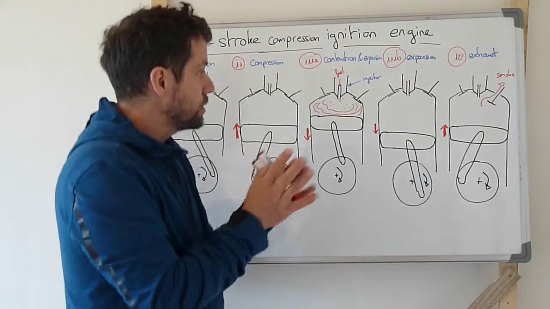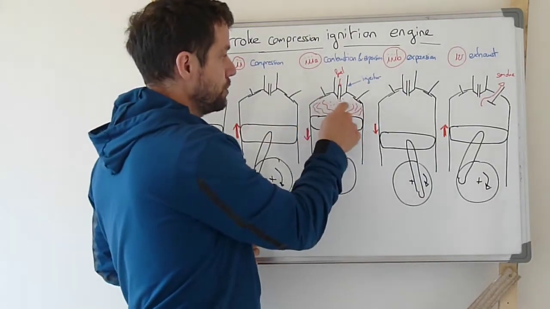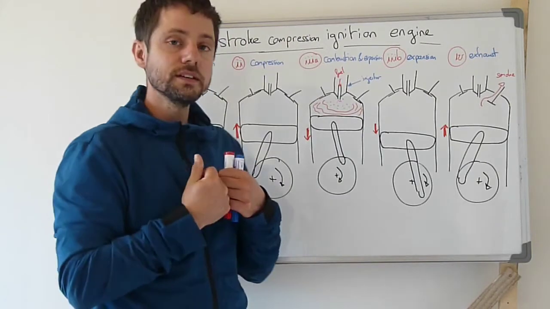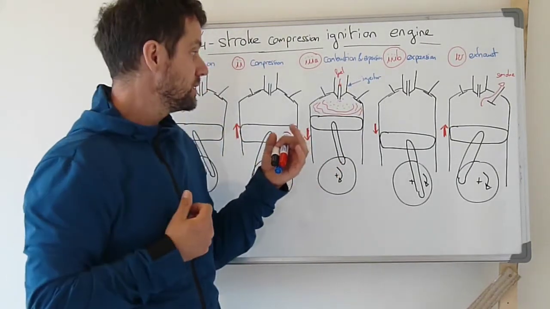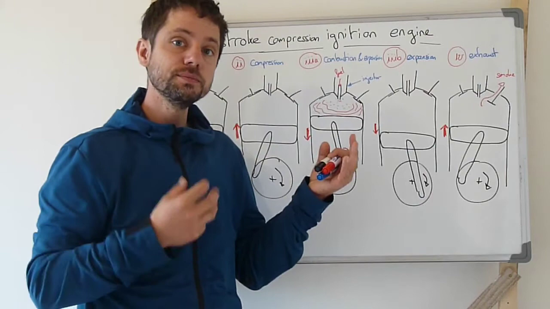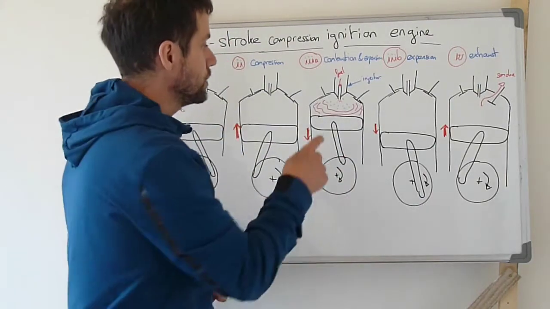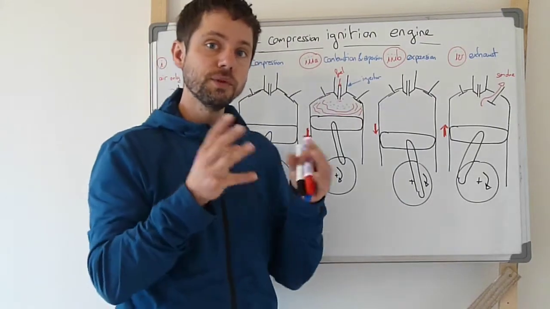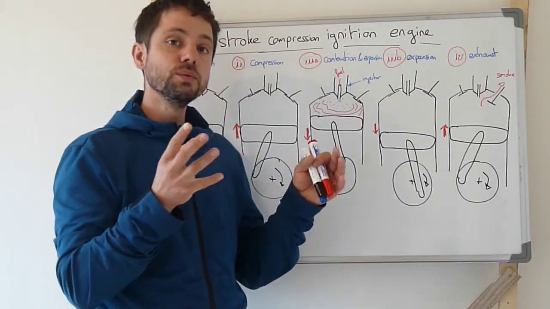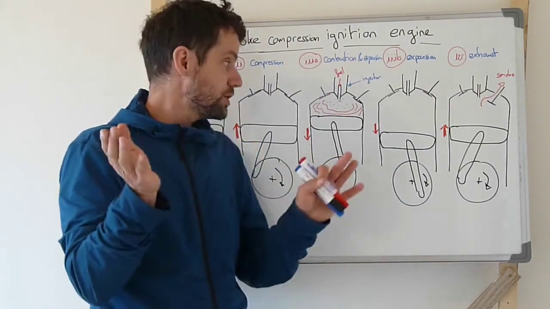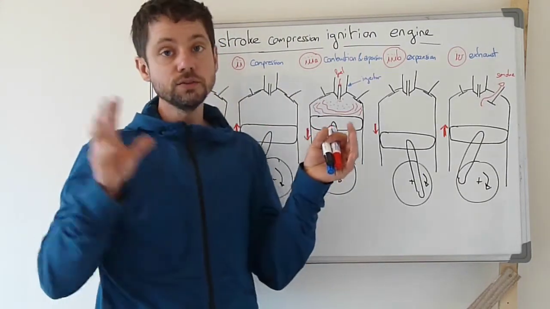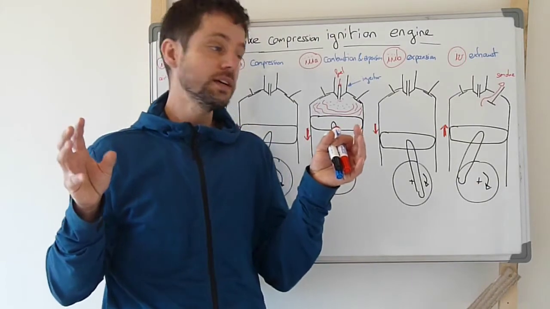The fuel is atomized in very small droplets inside the clearance volume, but combustion does not take place in liquid phase, but in gaseous phase. So the droplets first need to evaporate, then we need to have a mixture of the gases in order for the fuel molecule to be close to the oxygen molecule.